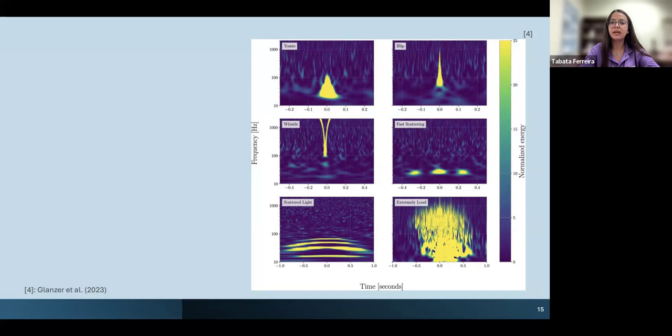For some glitches we have names to classify them, because since we have many of them, it is important to create groups for later identification and to try to look for their sources, for example. I have some examples here. The first one is Tomte, the second is Blip, this one is Whistle, Fast Scattering, Scattered Light, and Extremely Loud or Loud glitch. It was one of the examples I showed before.